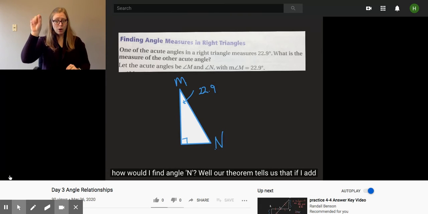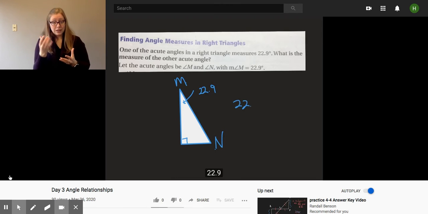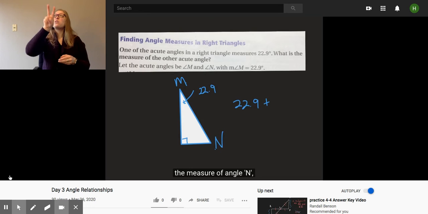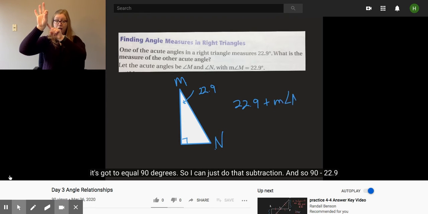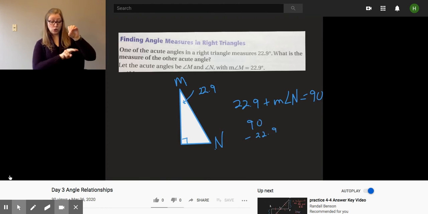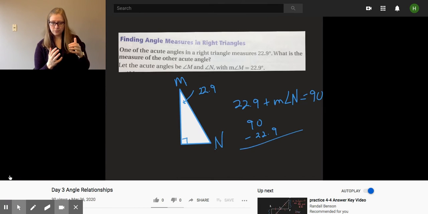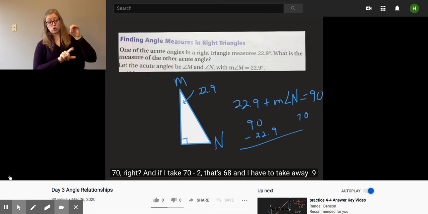Well, our theorem tells us that if I add 22.9 plus the measure of angle N, it's got to equal 90 degrees. So I can just do that subtraction. 90 minus 22.9. So what do we got? 90 minus 20 would be 70, right? And if I take 70 minus 2, that's 68.